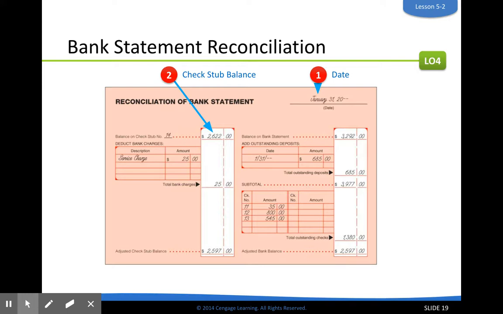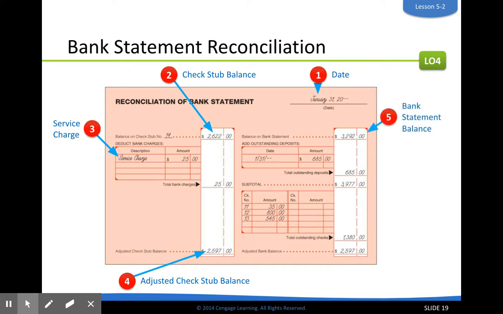We take the check stub balance from our last unused check stub. We record any service charges, and that would come from the bank statement. And then we are left with an adjusted check stub balance. So what we had on our last check stub minus any service charges. So based on our check stub, we have $2,597.